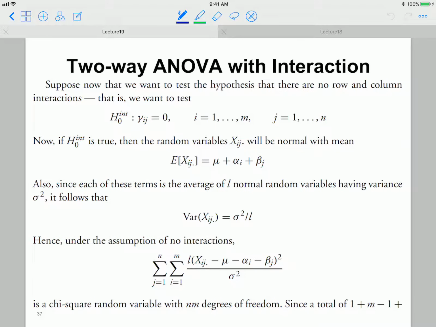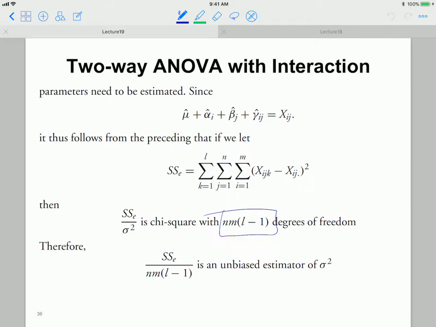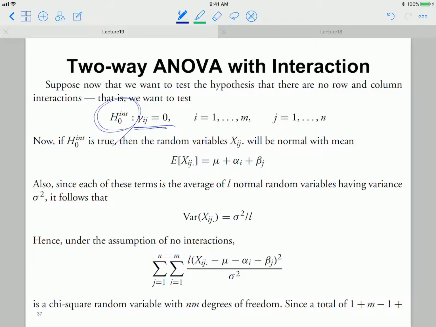And then the only remaining one is this guy, the hypothesis testing about this interaction part. Okay, so in order to perform this hypothesis testing, this was the first measure of estimating the sigma squared.